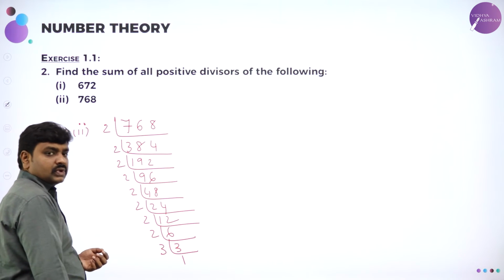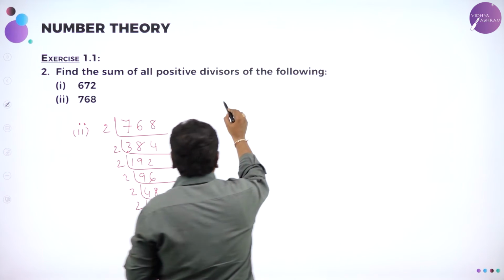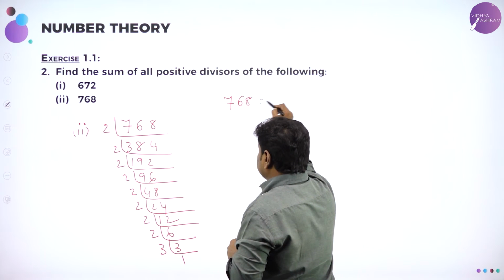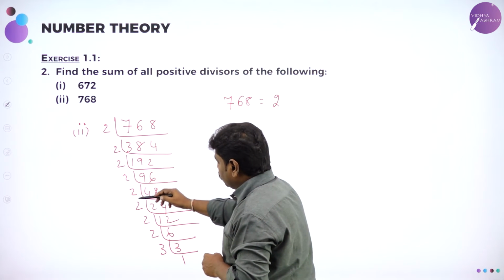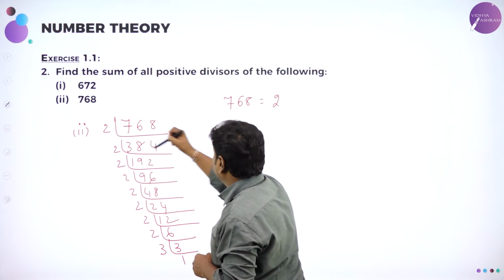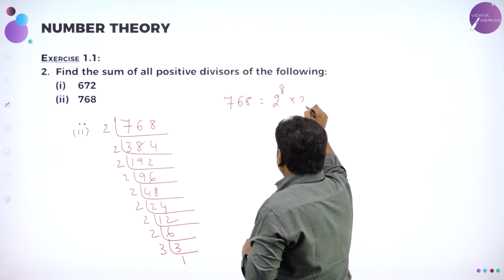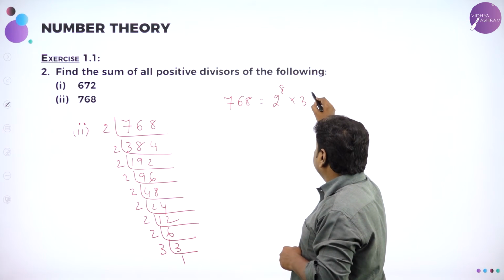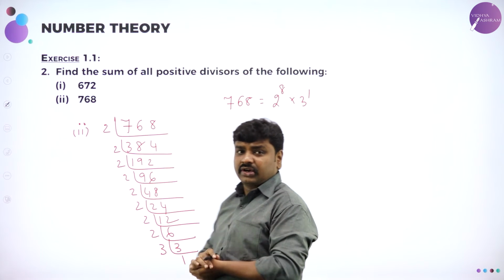So now the given number 768 can be written as 2 power 8 into 3 power 1. So I can write it in canonical form like this.